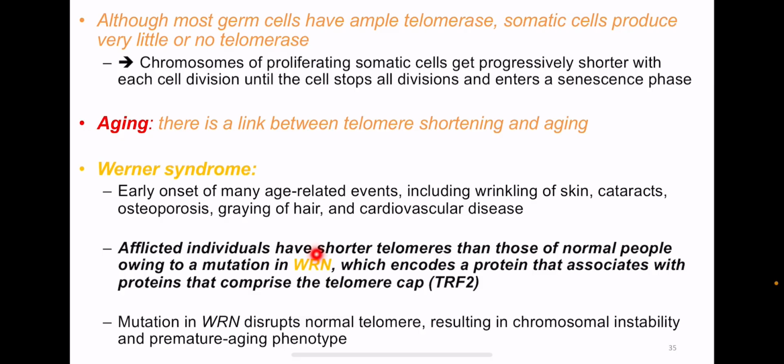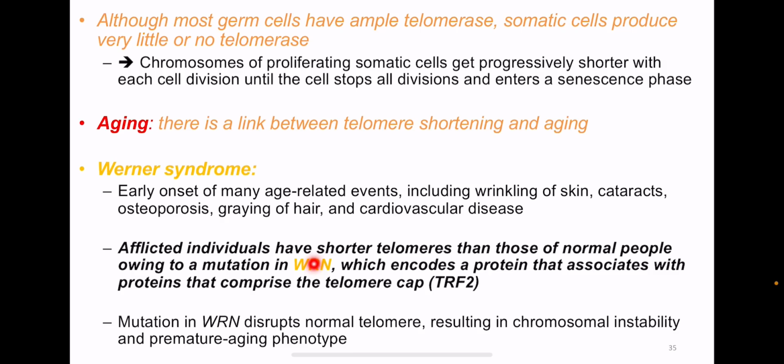What actually happens is there's a mutation in a gene called WRN. This WRN is a gene that codes for a protein that associates with proteins that produce the protective cap. So it is a gene that codes for one of the proteins in shelterin.